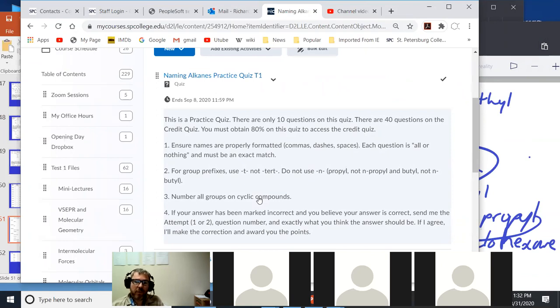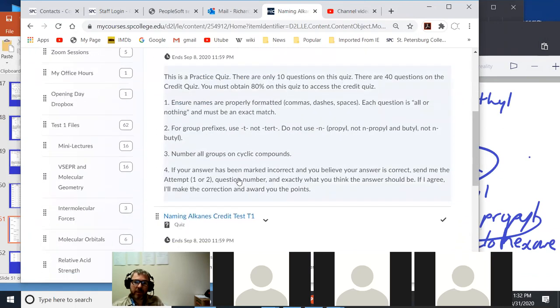Now you've got to format the names properly, and they're all or nothing. For group prefixes, use T, not tert. Do not use an N for propyl or butyl. Number all groups on cyclic compounds. If your answer has been marked incorrect, send me the attempt and I'll take a look at it. But make sure you follow these rules when you're doing the practice quiz here.